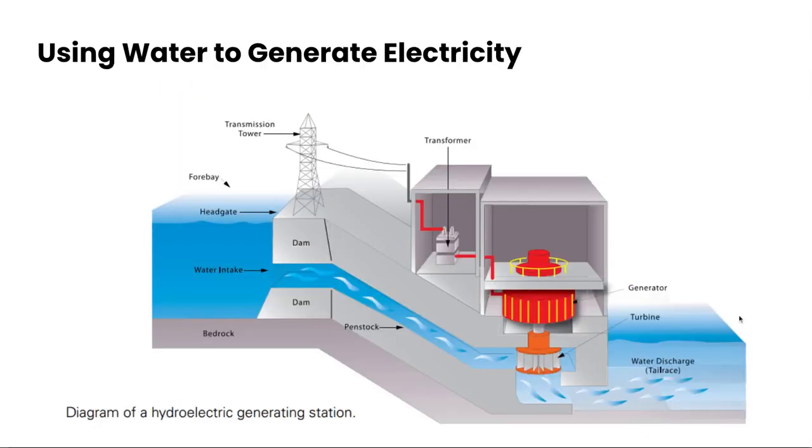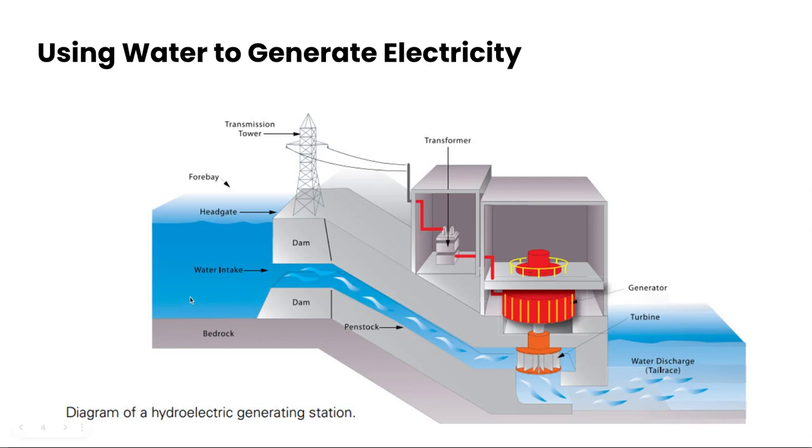Now, like I said, there are many different ways to turn that turbine in order to generate electricity. The first way is we can use water to generate electricity. We're using the power of flowing water to turn the turbine. These power stations will use fast flowing rivers or waterfalls to turn their turbines.